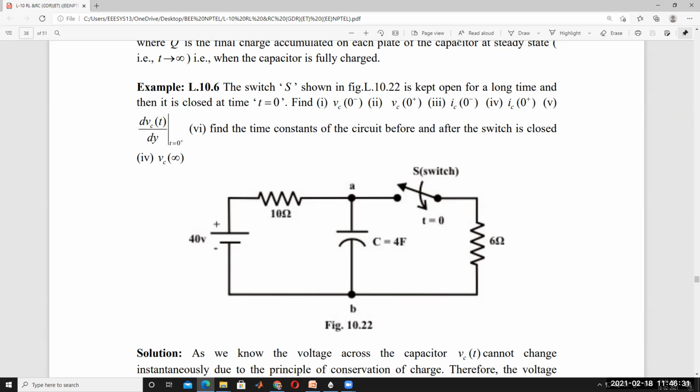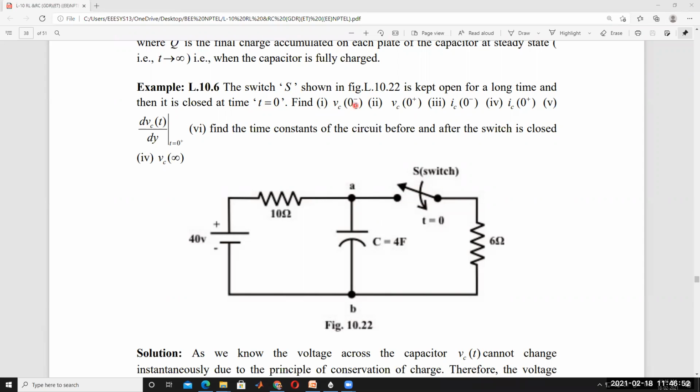Example 10.6. The switch as shown in figure 10.22 is kept open for a long time, and then it is closed at t = 0.